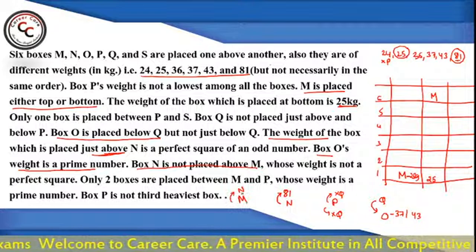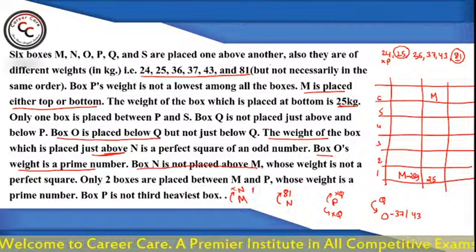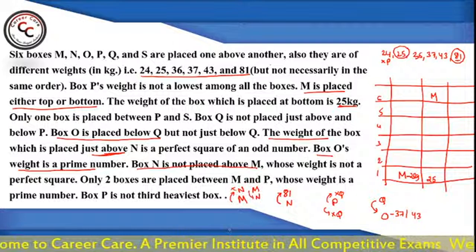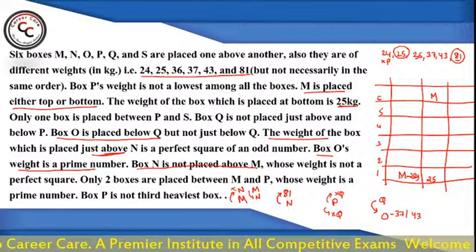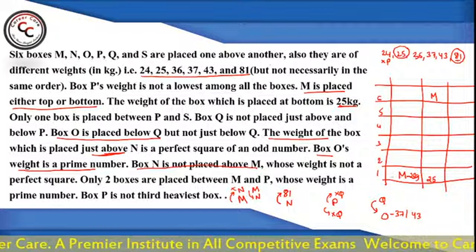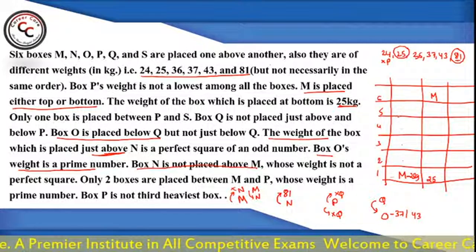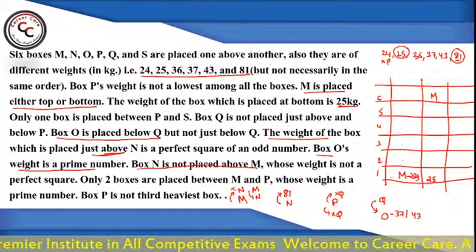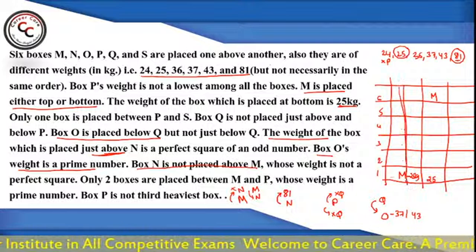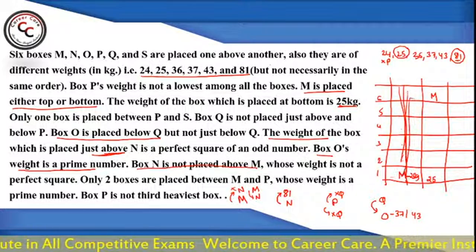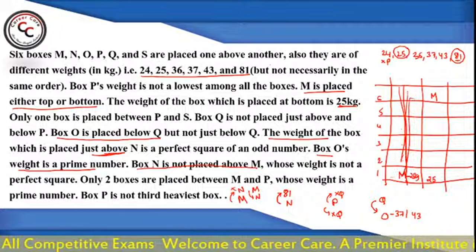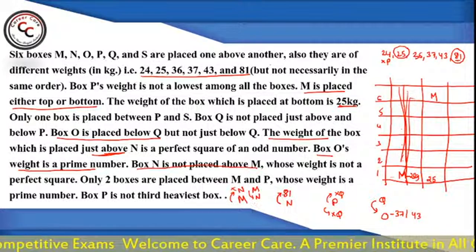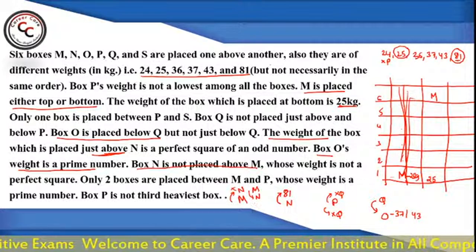That means indirectly N will be below M. So here you can see M is on the bottommost place. So above M, N cannot be there according to this point. That means you can just eliminate this possibility. So indirectly what he is saying, below M, N should be present. So that's why you can eliminate the possibility.